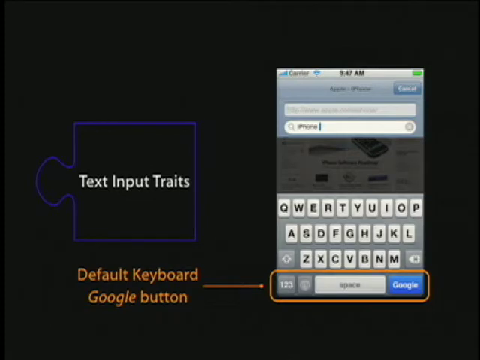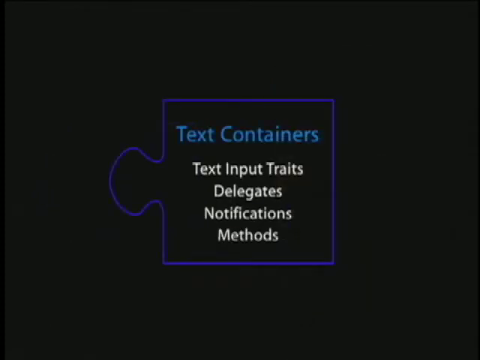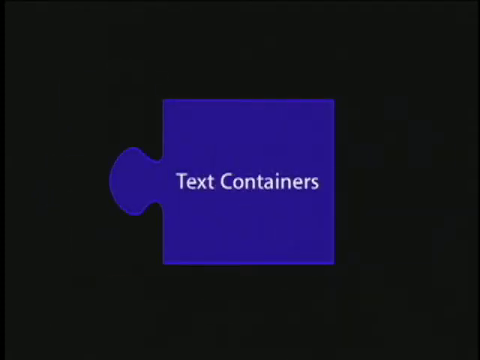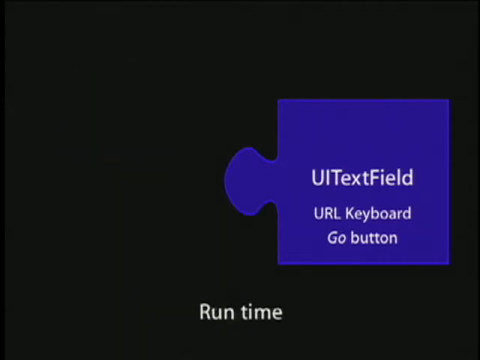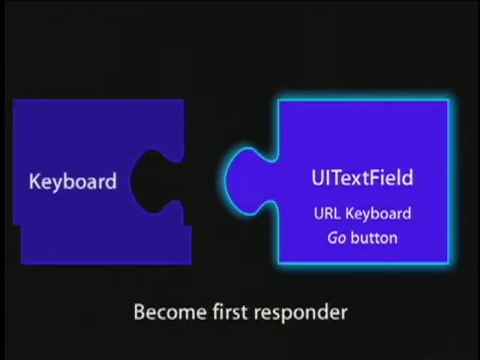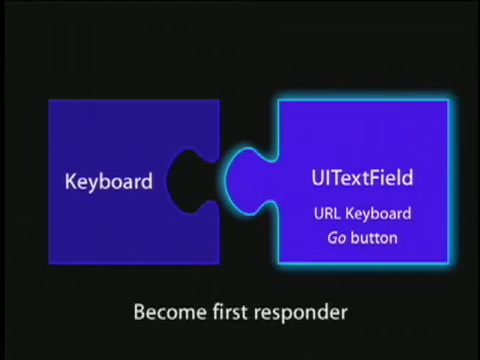So when you set these up on text containers at design time, the keyboard actually adopts these at runtime when the text widget becomes first responder. That's a signal to the keyboard to both come on screen and specialize itself for this type of text container.